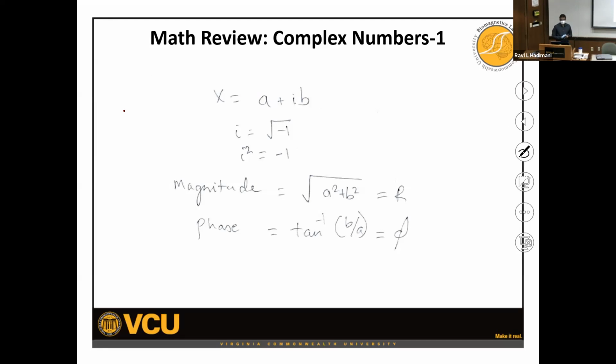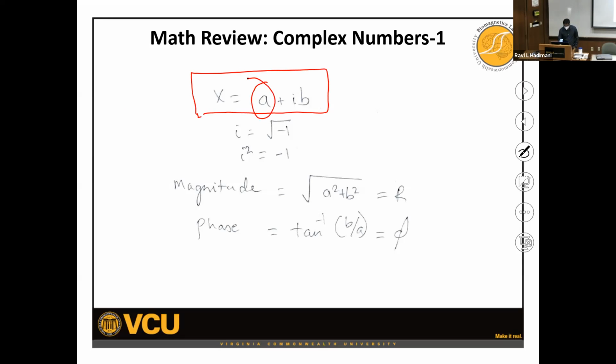So in order to deal with some of the AC components, we have to know how to deal with complex numbers, okay? I'm sure you might have come across complex numbers, but let me give a quick review. A complex number is represented by this format.